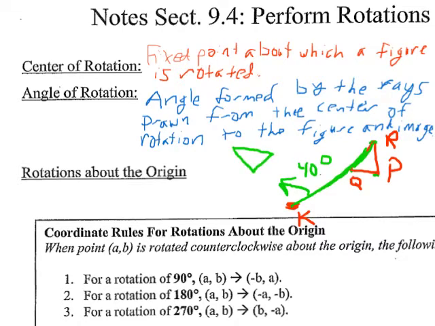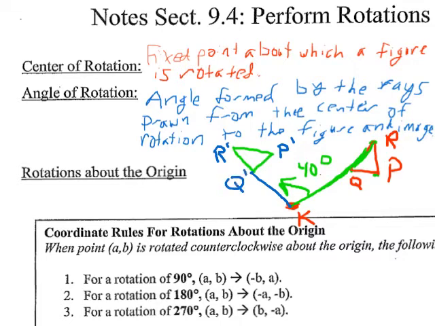I'm going 40 degrees about point K. That means I'm going to have a new triangle, and it's going to be called R prime, P prime, and Q prime.